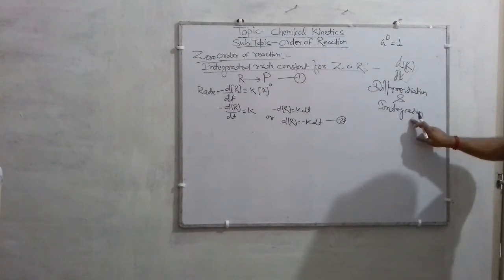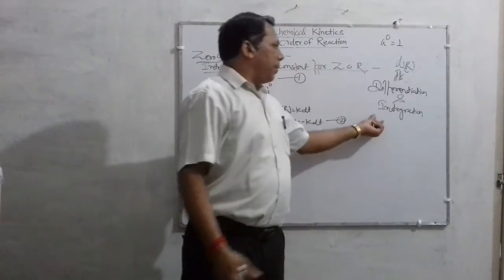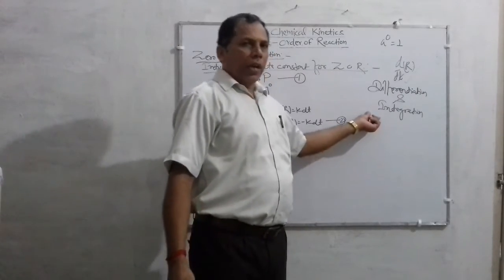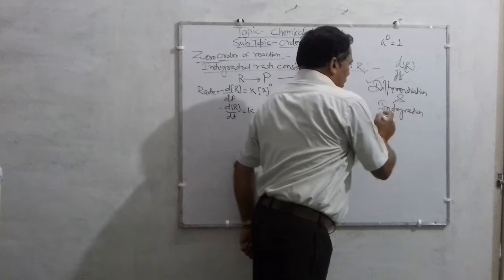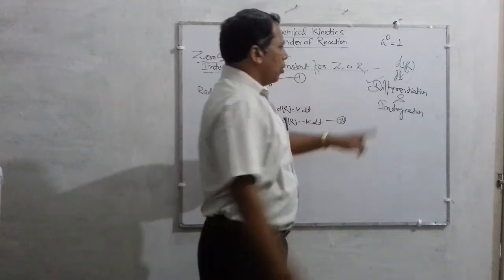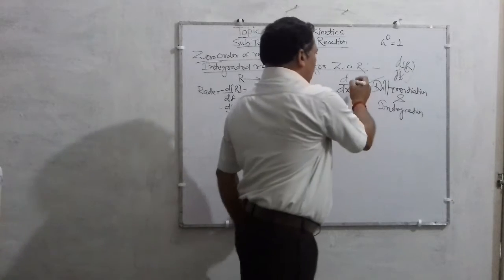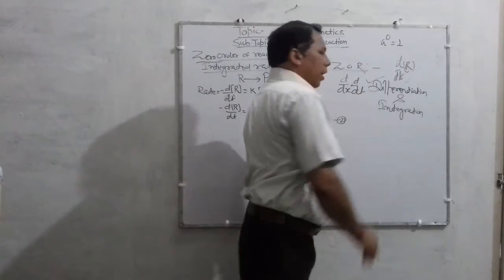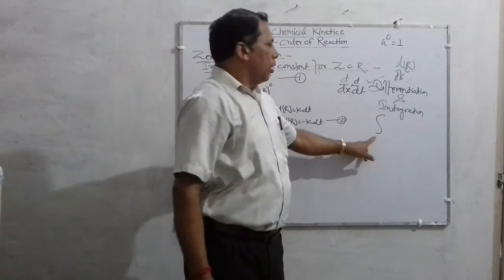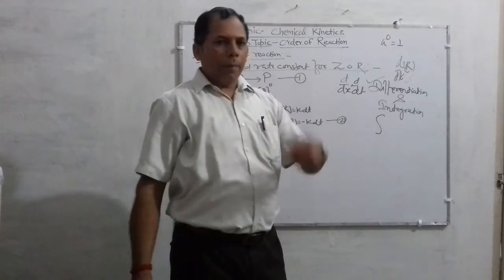Differentiation and integration are two mathematical expressions which make the calculation easier, and we are going to utilize them. And you know that the reverse of differentiation is integration. Differentiation is written as d by dx or d by dt, and the integration symbol, children, is this one.